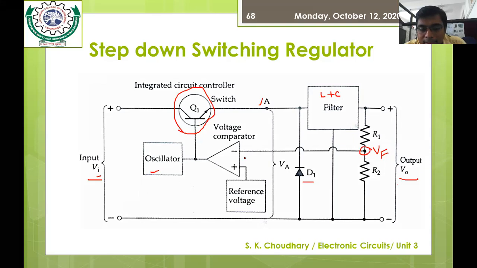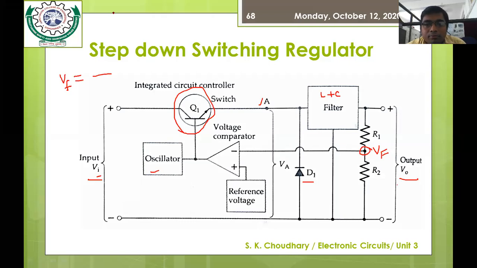You can see here in this particular voltage comparator, one of the voltages coming to the inverting terminal, or negative terminal, is nothing but a feedback voltage derived from the resistive network R1 and R2. So what is the value of Vf here? Can anyone define from your class, what is the equation of Vf as seen from this particular circuitry?